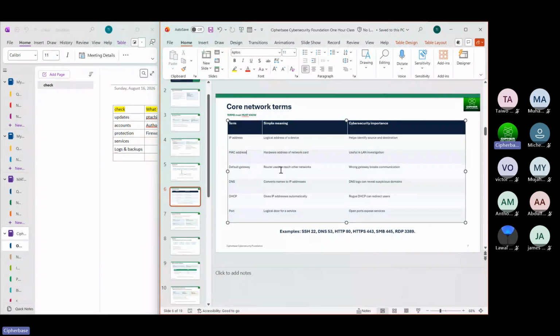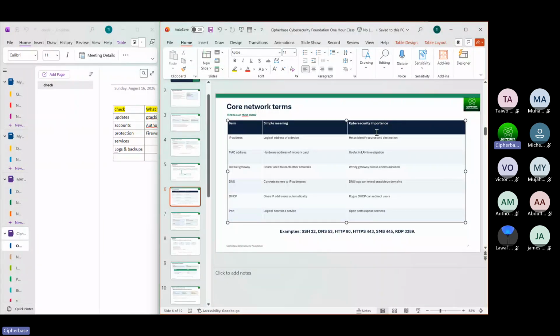We talk briefly about this before we end the training. Maybe our next class, we talk about the gateway and the router configuration, because I want us to understand the beginning, the foundation class, very well. Then as you can see from here, wrong gateway breaks communication.